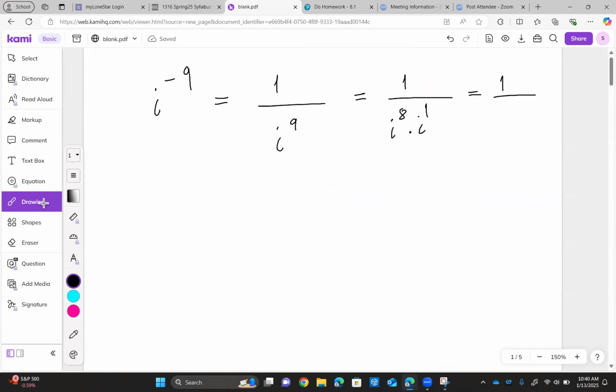And according to the rules, whenever we have a power which is a multiple of 4, this whole thing just becomes as simple as 1, and then this is just the i. So what we have is the top is 1, the bottom is i. We're not allowed to keep an i in the denominator, so we will have to multiply top and bottom by the opposite of this number. So opposite of i is -i.